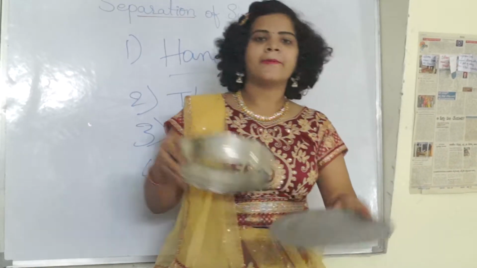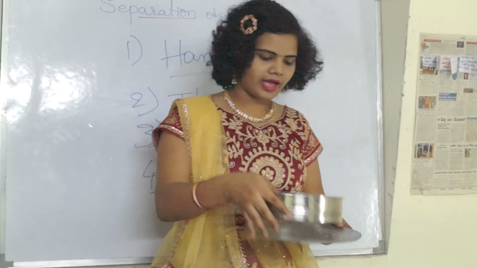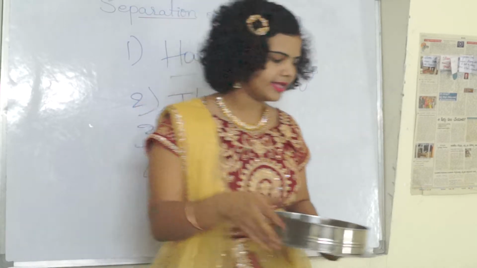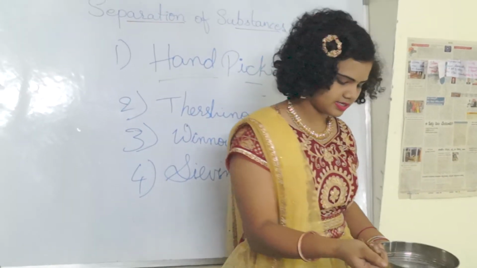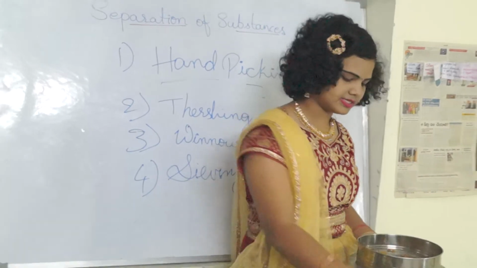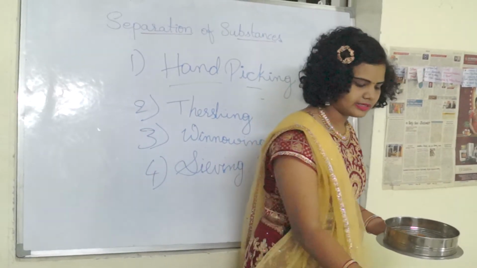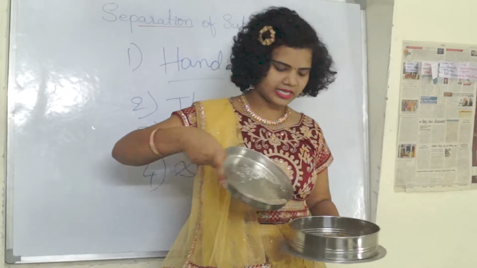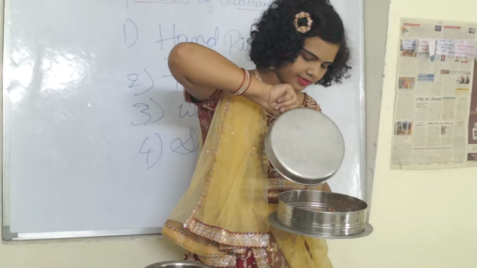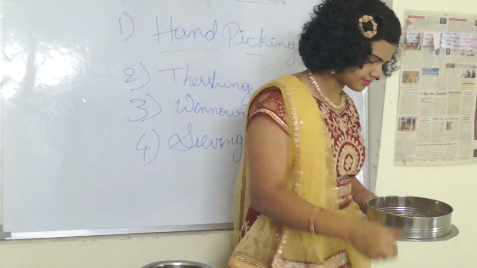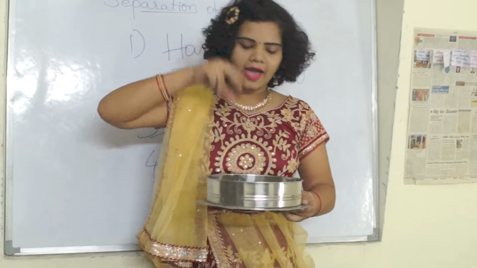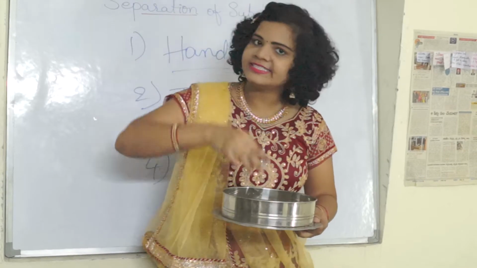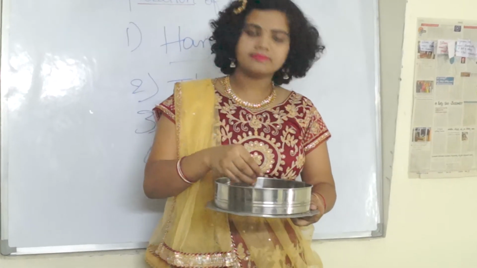I take a plate, and I keep this sieve on the plate, and here I have some kismis as well as some white sesame, as you can see here. I put both the mixtures, I added some white sesame as well as some kismis.